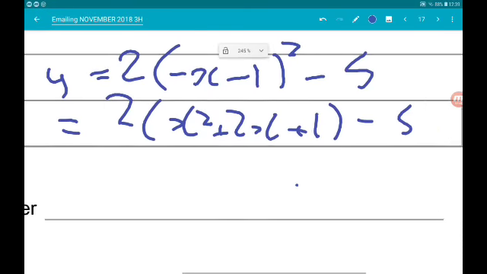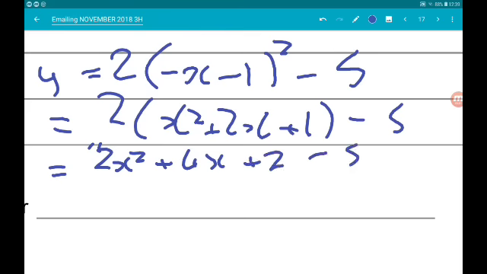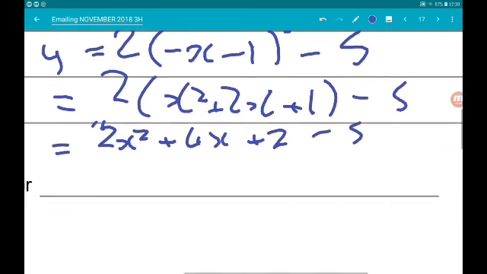So that is going to give us 2x squared add 4x add 2 minus 5. So then finally that's y is 2x squared add 4x minus 3. Cool.